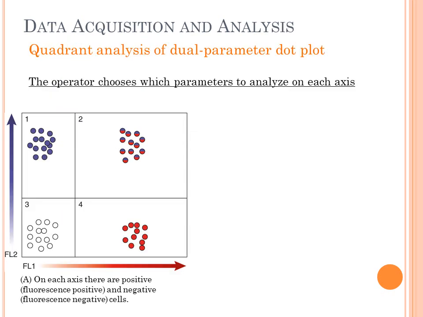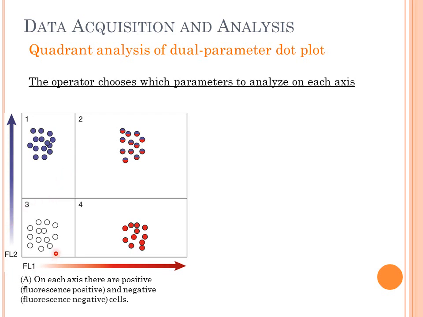Here we're examining a dual parameter dot plot. Now we have chosen which two parameters we want to look at. How did we choose them? Well, we drew a gate around them on the computer screen. So basically on each axis, there's positive fluorescence and negative fluorescence. So over here on the y-axis, anything that is up here exhibits positive fluorescence for whatever that blue color is assaying.